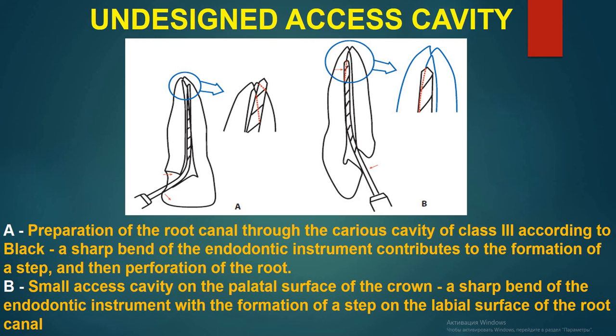Undesigned access cavity. In picture A, preparation of the root canal through the carious cavity of class 3 according to Black. A sharp bend of the endodontic instrument contributes to the formation of a step, and then perforation of the root.